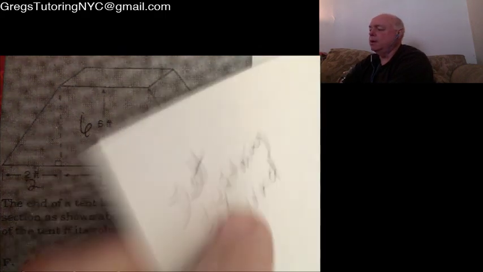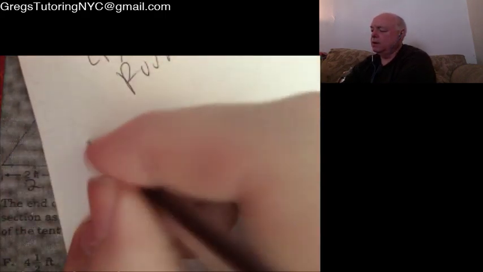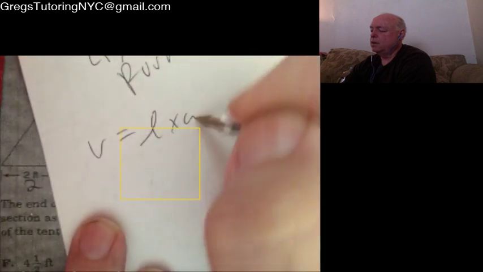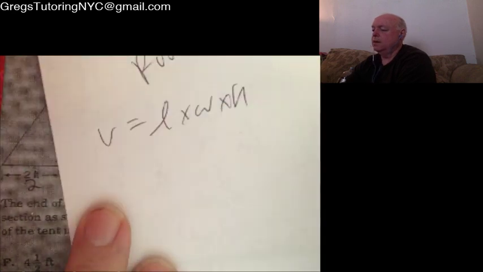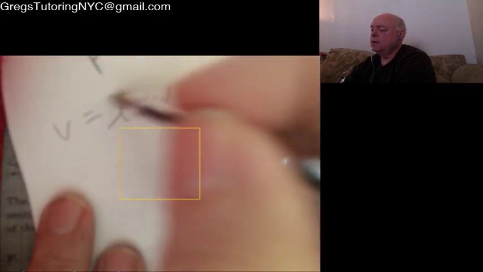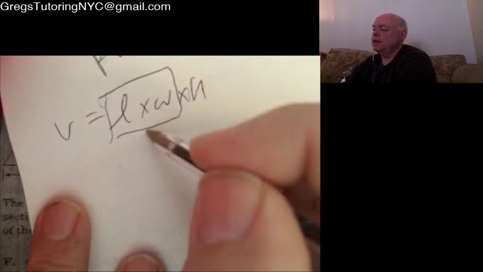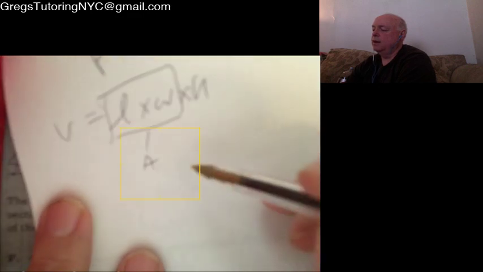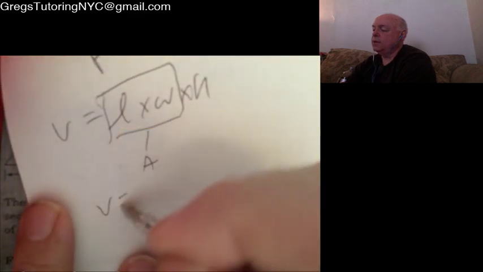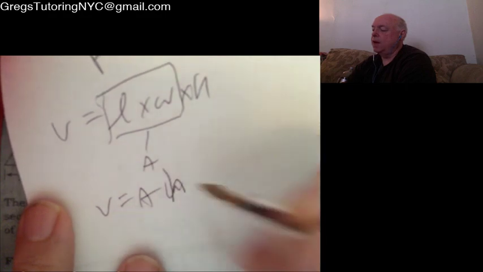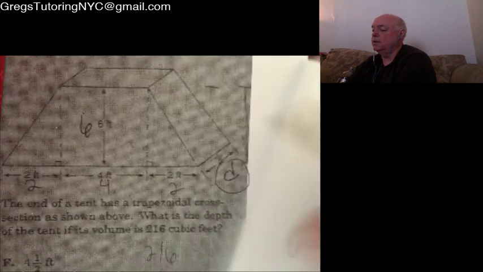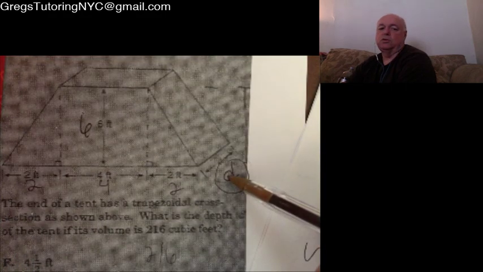Well, normally when we get the volume of something, we're trying to get a length times a width times the height. And another way to look at this is, if this was, say, a rectangle, that's really the area. So volume in a lot of ways is the area times the height. Or in this case, they're calling it the depth. So it's really the same thing.